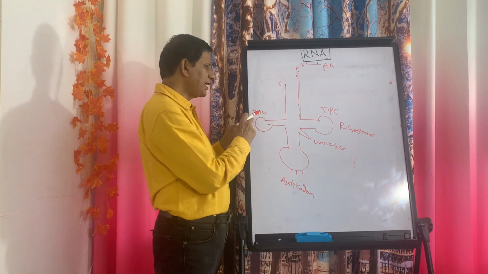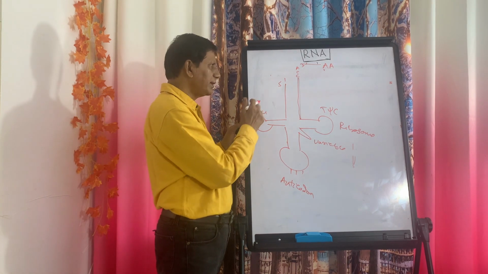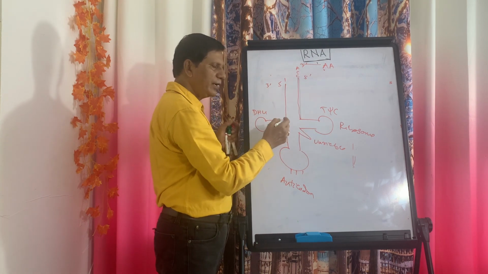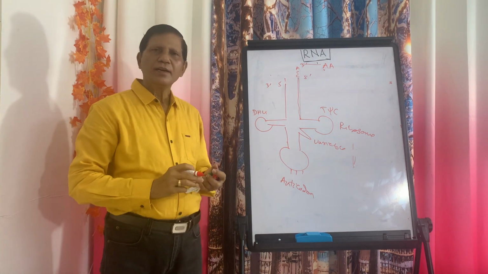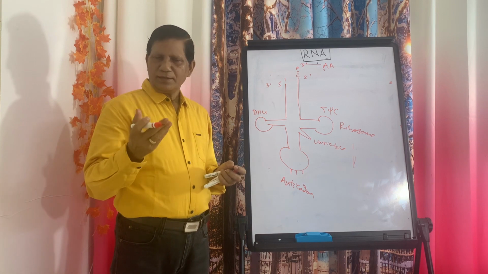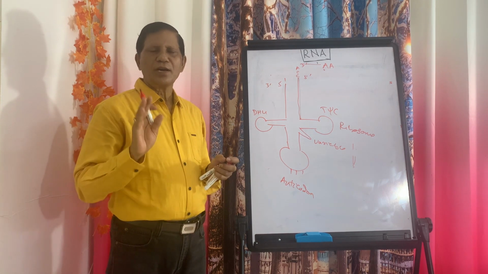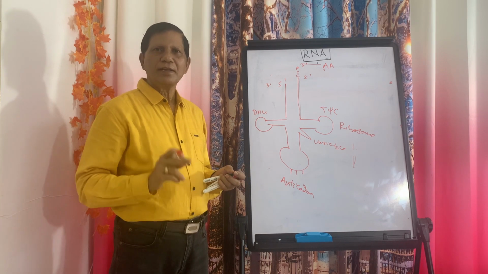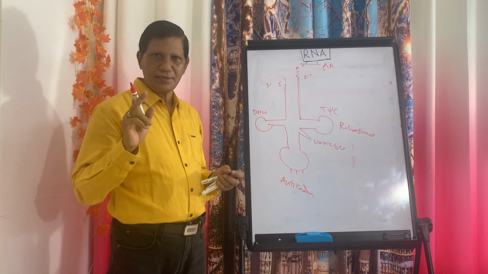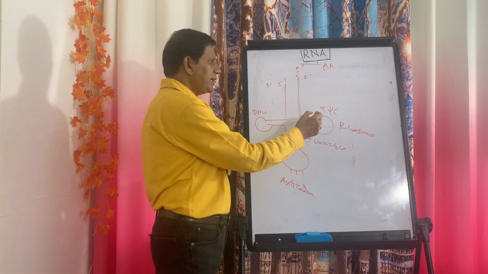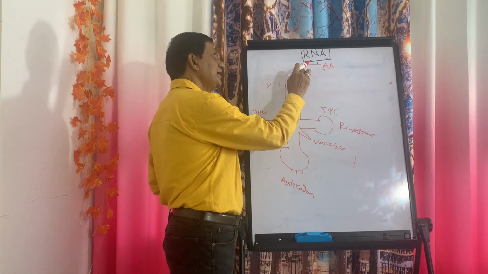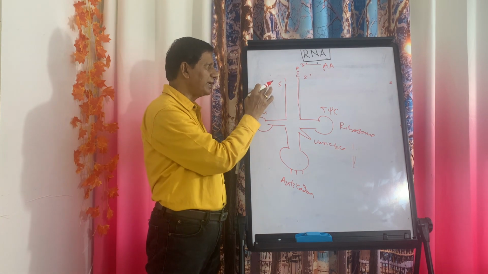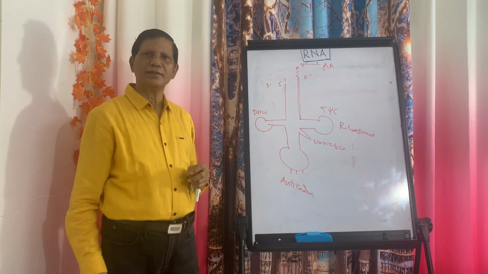If the T psi C loop is on this side, then this must be 3 prime, that must be 5 prime, and the variable loop must be on this side. Next day, he came with a book and showed that what I had told was actually correct. My aim in telling this is that the T psi C loop always lies on the 3 prime side and the DHU loop always lies on the 5 prime side. That is important.